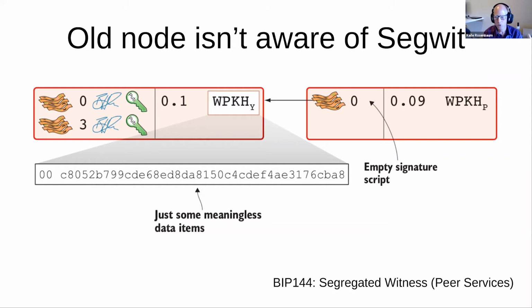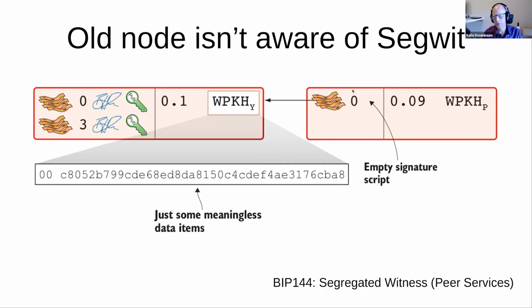And in this case, the top element of the stack is non-zero. So this old node will accept this script. So it will be valid according to this old node. And this is very important to keep compatibility between old and new nodes. We will talk more about that in chapter 11.